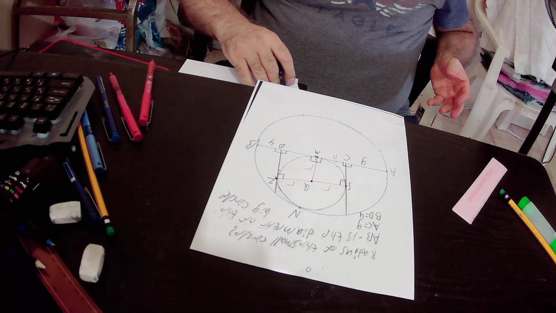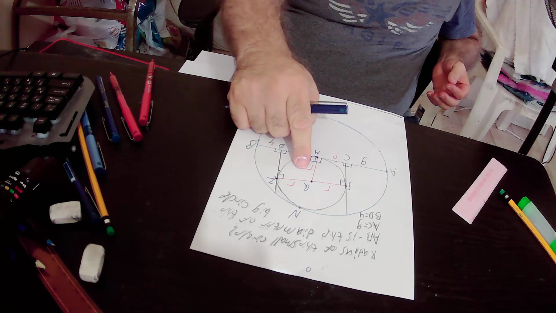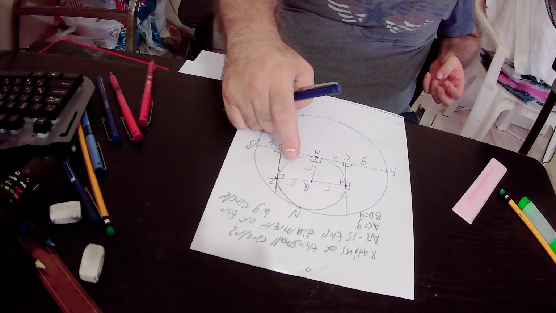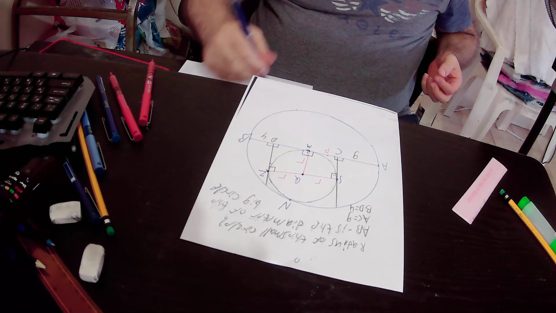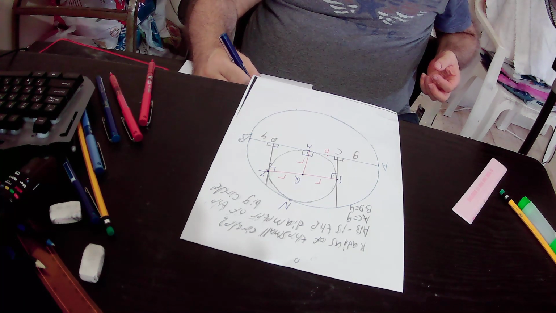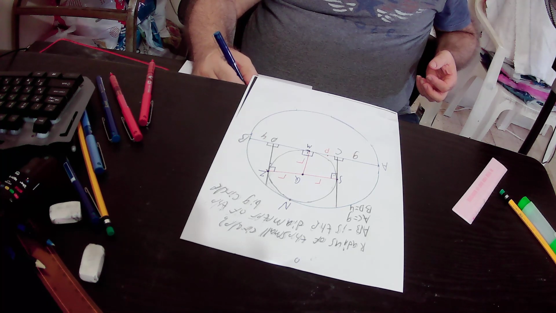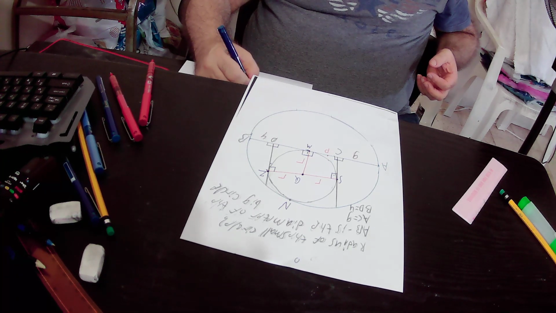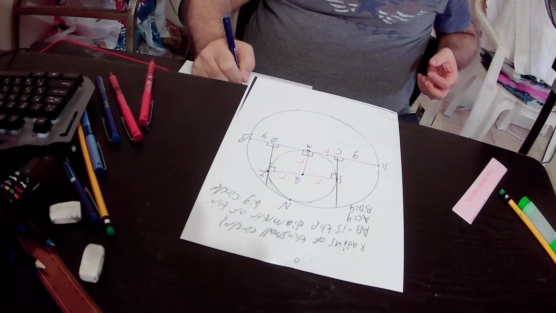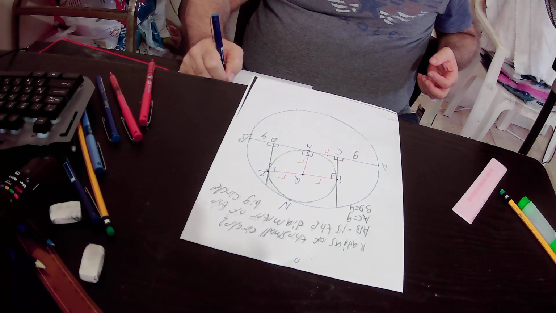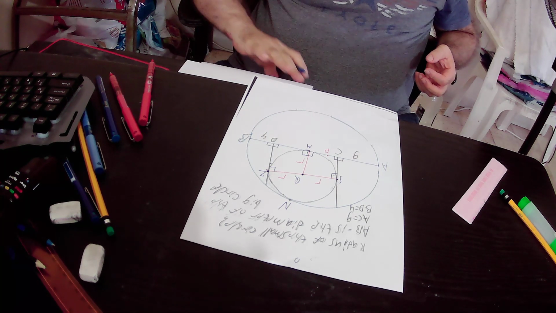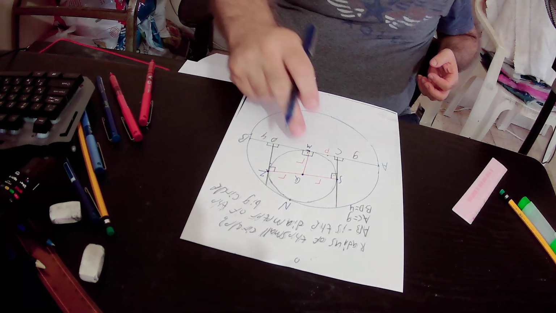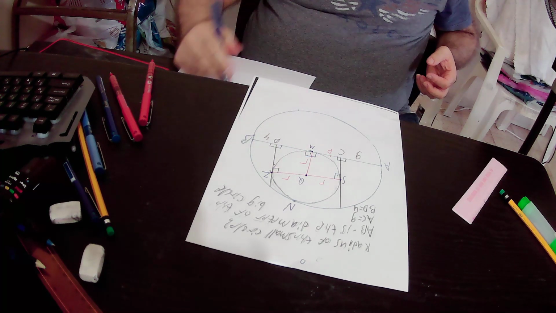so actually here we have a quadrilateral QZMD with 3 right angles. 1, 2, and 3, those are right angles.